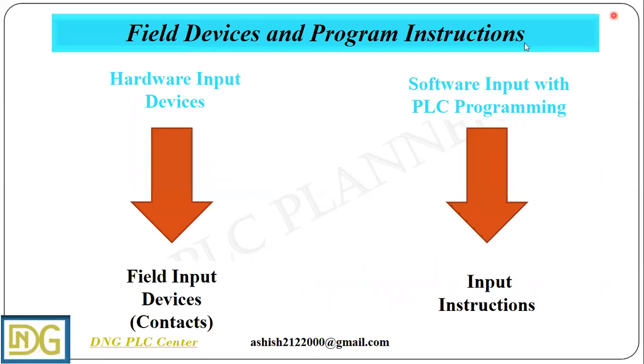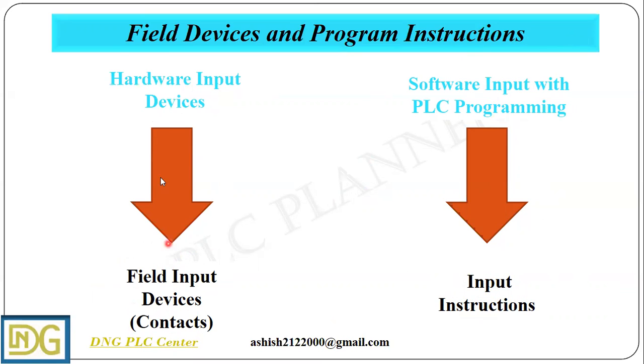On the left side, we have hardware input devices, known as field input devices contacts, which can be outputs and inputs. On the right side, we have our software inputs with PLC programming, input instructions and output instructions.